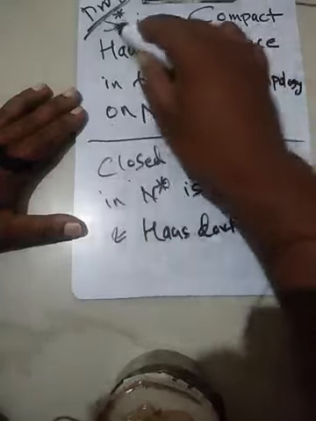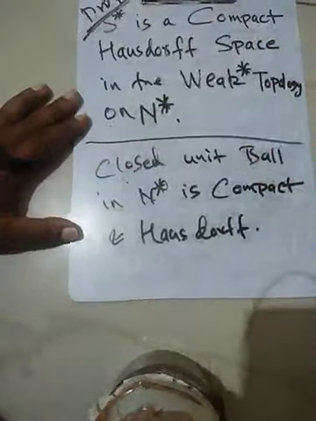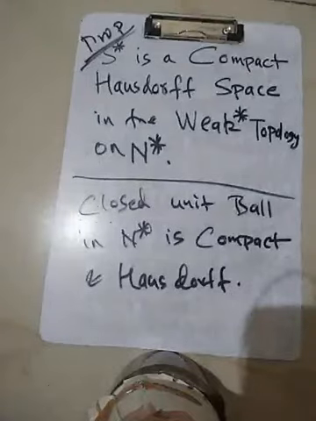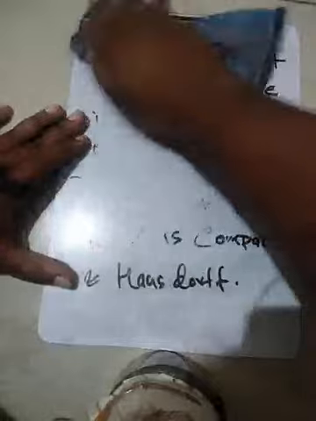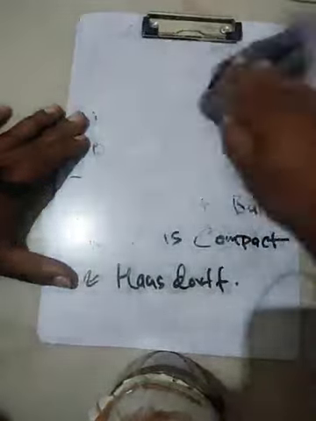S star is a closed set as well as a bounded set. So let's try to prove this proposition. We'll use some ideas from topology, a little bit of point-set topology and some advanced material which you have seen: Tikhonov's theorem, product topology, subspace topology, and so on.